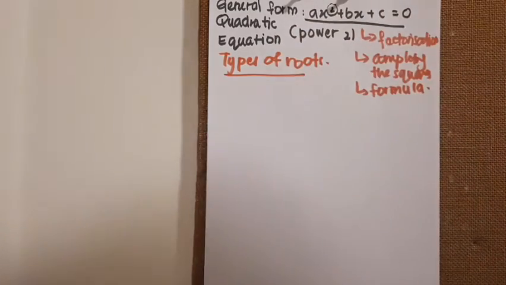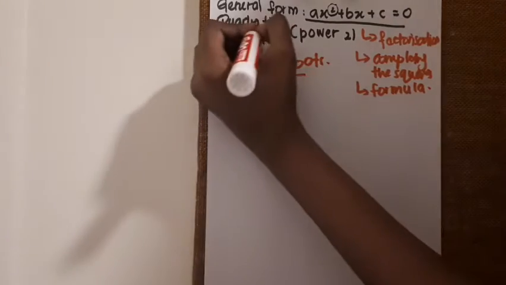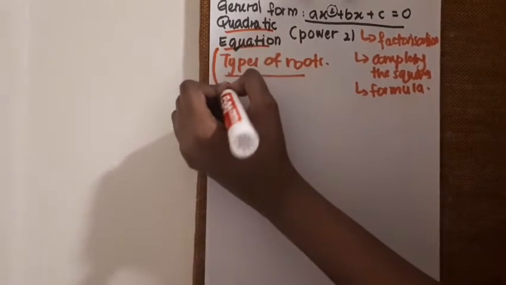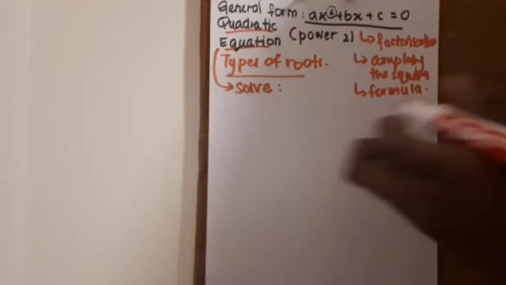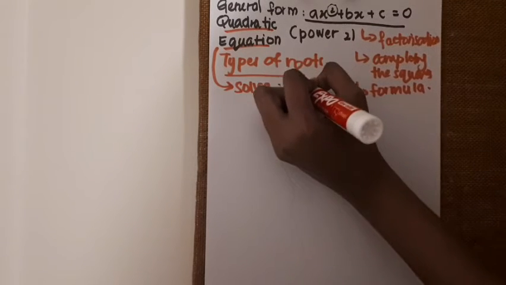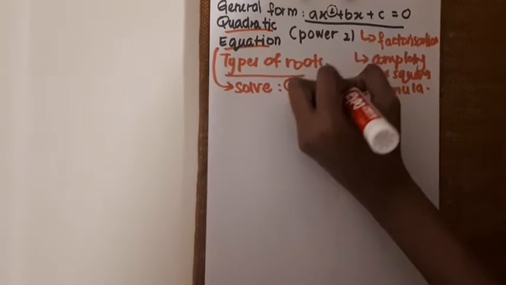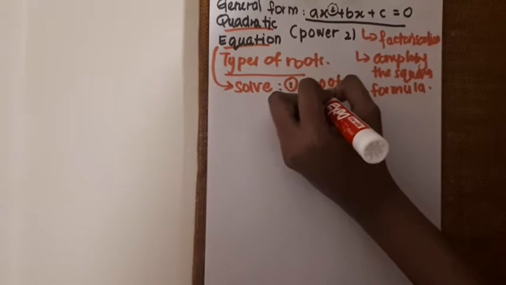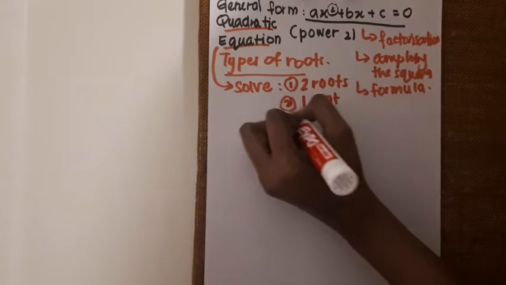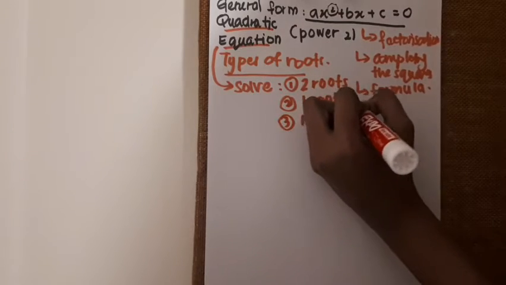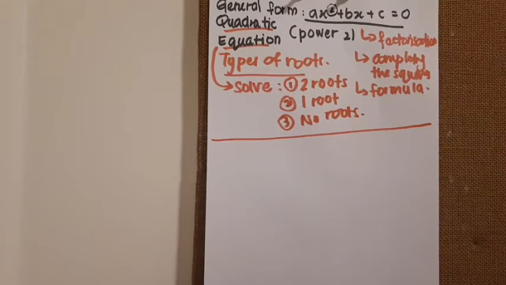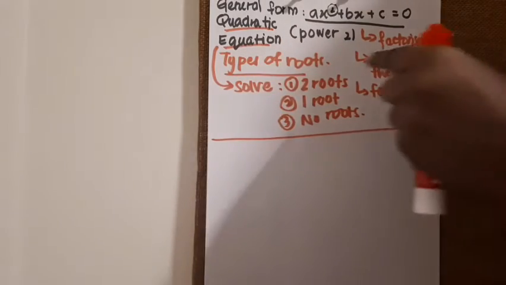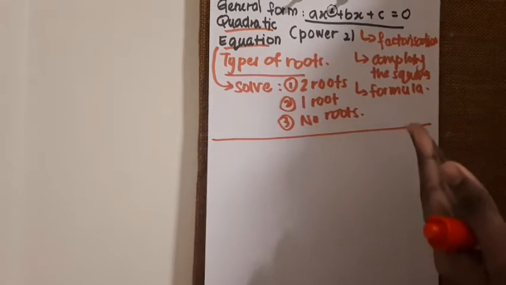For this particular quadratic equation, when we solve, we get three types of outcomes: we might get two roots, or one root, or no roots. Why only no roots, 1 or 2, not more than 2?